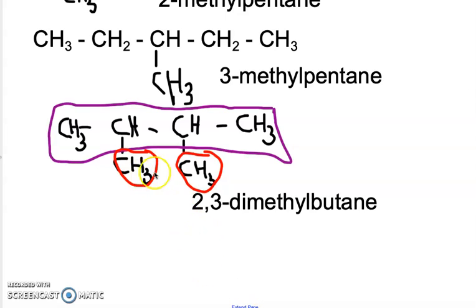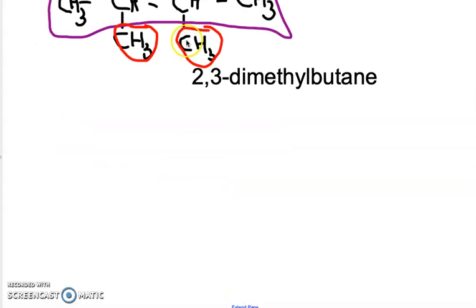So here we put them on separate carbons. The other option would have been to put them on the same carbon, but to put one above and one below, right? So put 4 carbons still in the main chain.